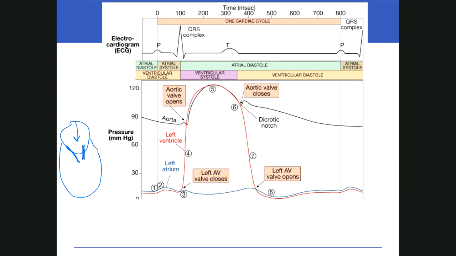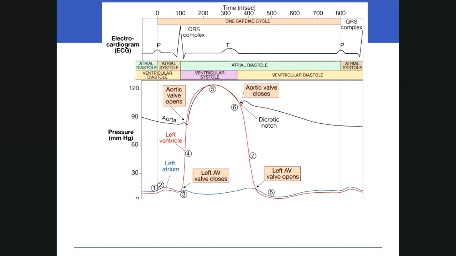But if the pressure's higher here, it's going to push this way and push this way, and it's going to close. Same thing is true for the SL valves. But remember, the SL valves are oriented like this. So if the pressure's higher here, they're closed. But if the pressure is higher here, again, it's like a trap door. They're going to open.